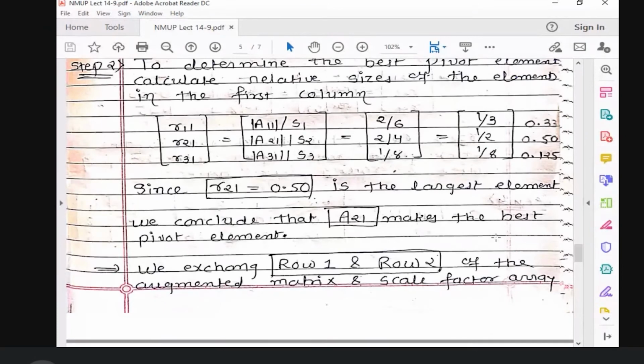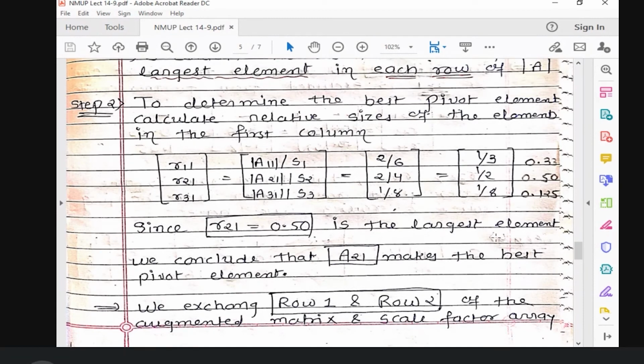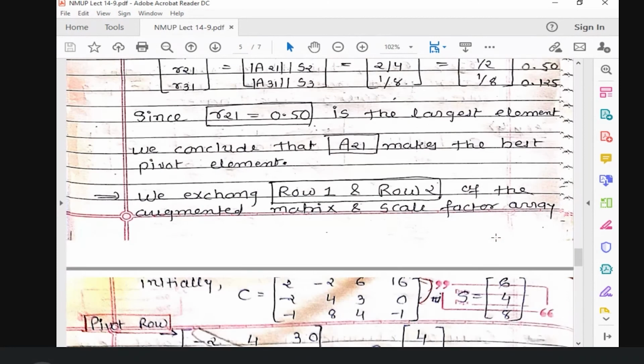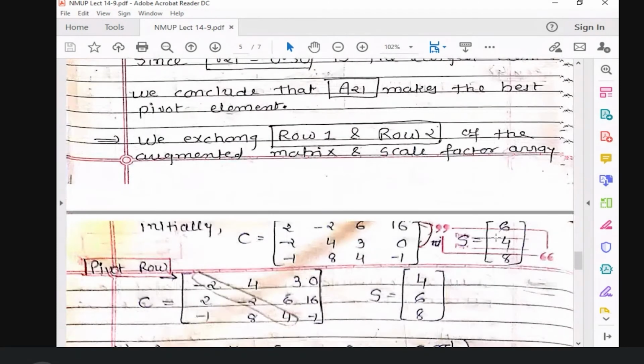So now get it? With the help of these relative calculations, we can find out the exchange order of the rows, right? So over here, we have to change the order of row 2 with row 1, right? So initially, this one is the matrix.